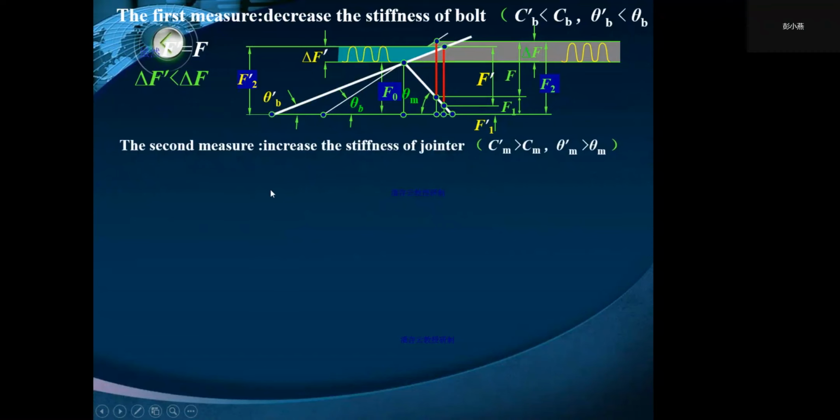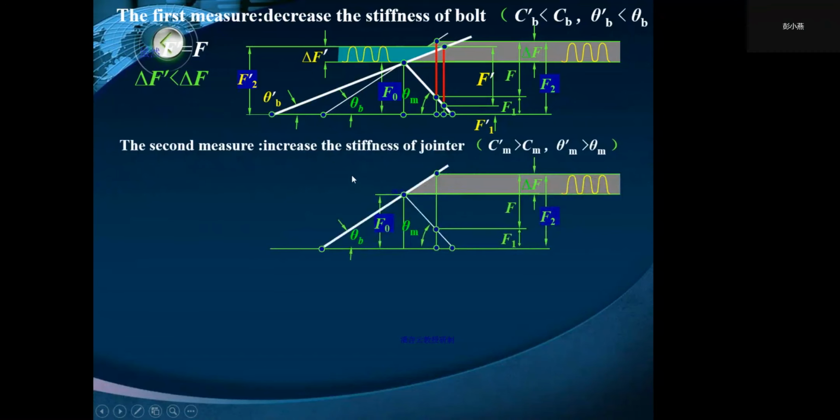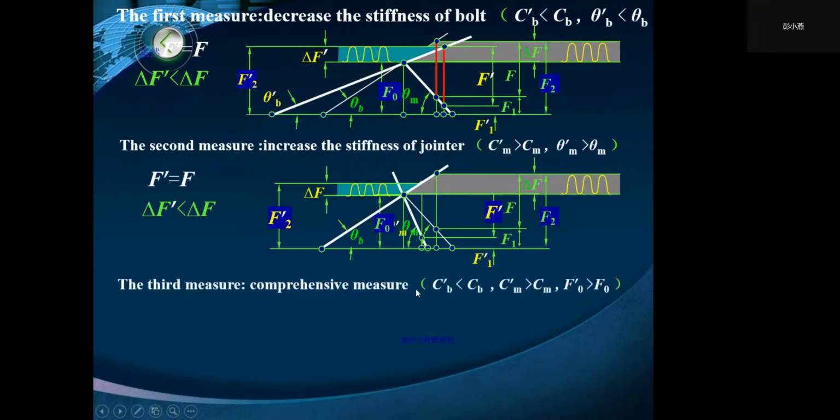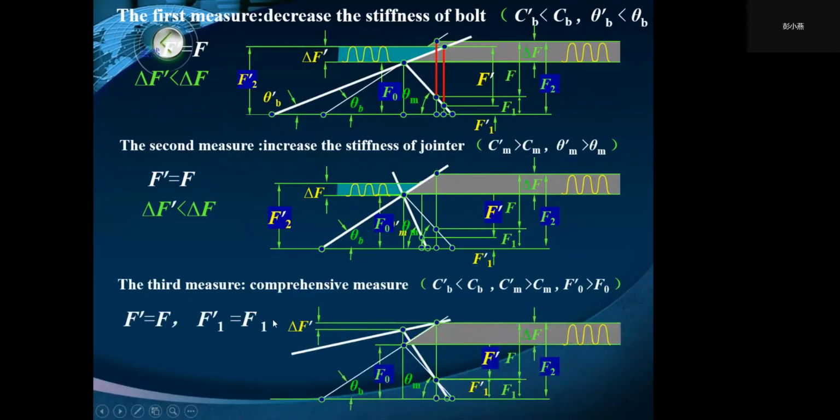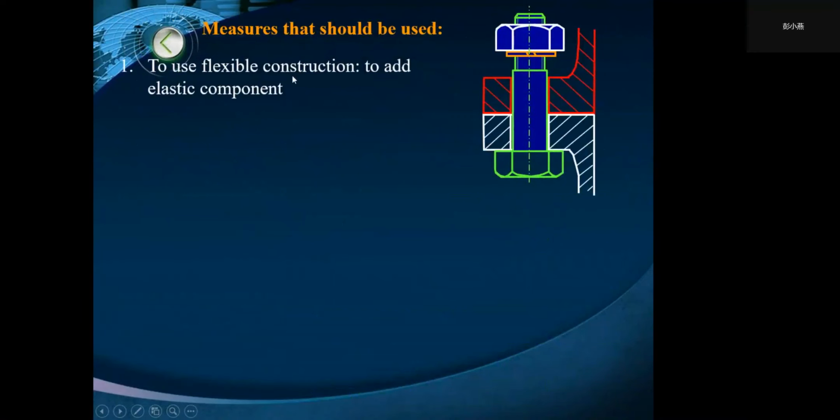And the second measure, we can use this, increase the stiffness of the members or the joint. For increased stiffness of CM, the delta F prime is also less than the delta F. Or we can use comprehensive measures: decrease the stiffness of bolt and increase the stiffness of the members to decrease the delta F. And then two measures should be used.